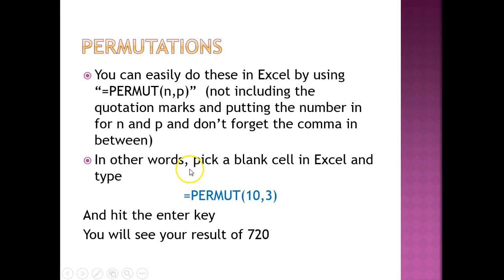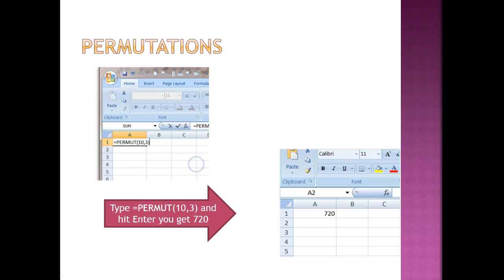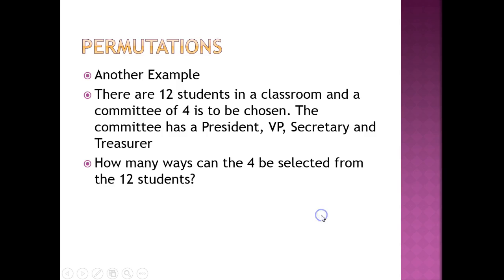So you can see how easy it is to use Excel with factorials and permutations. Like I said, if I wanted to do permutation of 10 picking 3, type in P-E-R-M-U-T, 10, comma 3, got to be in parentheses. It will give me 720 after I hit the enter button.